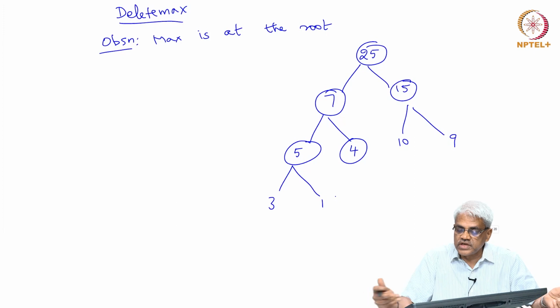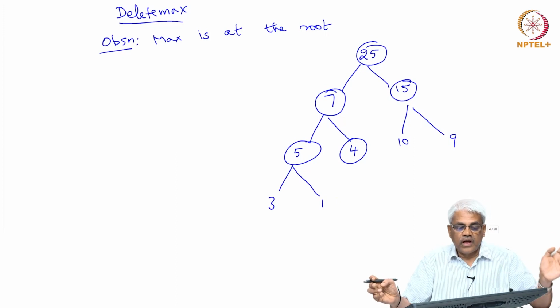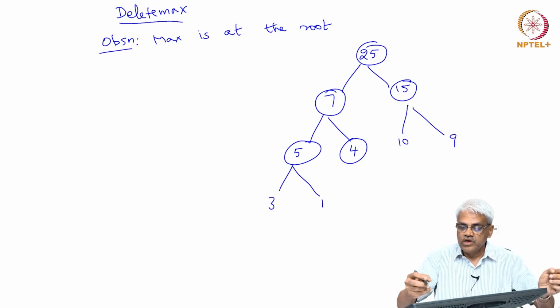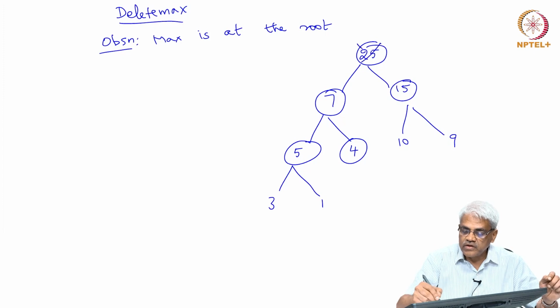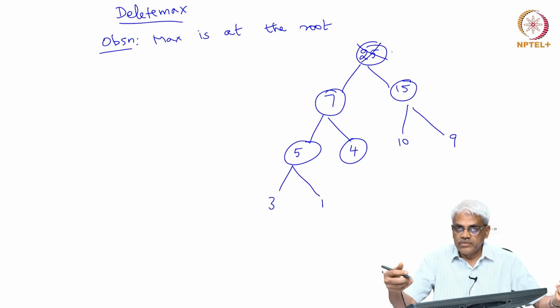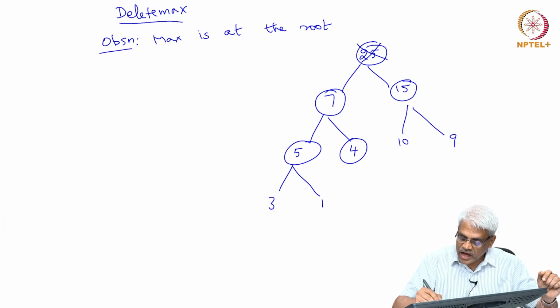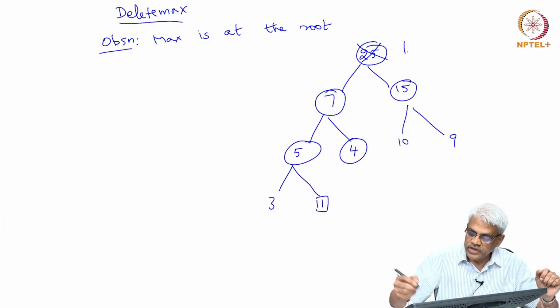Suppose this is a complete binary tree. Now, the user says delete max. So, that means this element which is at the root is deleted. Somebody has to go fill it up. So, I take the last element and put it there.